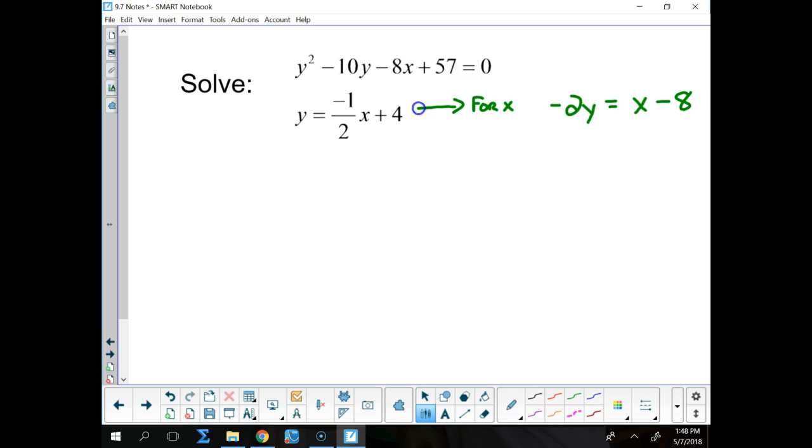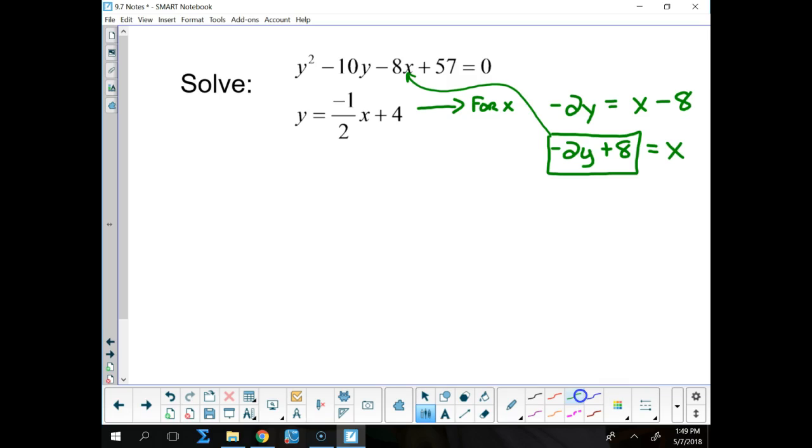Add 8 to both sides, and I get -2y plus 8 equals x. So 1, I've created a non-fraction equation, and 2, it's an equation that when I substitute it, it's only got to go in to one spot. So by thinking outside the box, I've made it easier for myself.